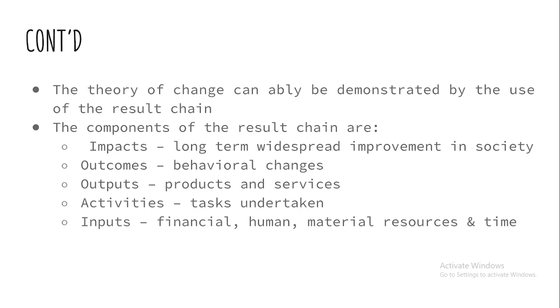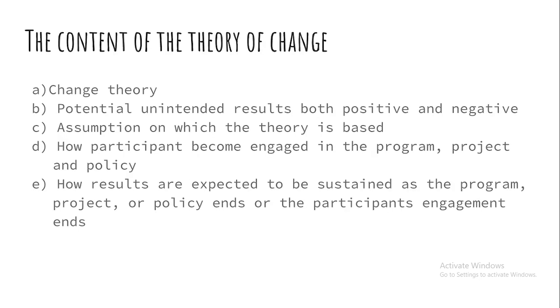Outcomes can be behavior changes, short-term or long-term outcomes. Outputs, these are products and services. And then activities, these are tasks to be undertaken to achieve the products and services. Then inputs are the financial, human, and material resources and time that you need to implement your activities.